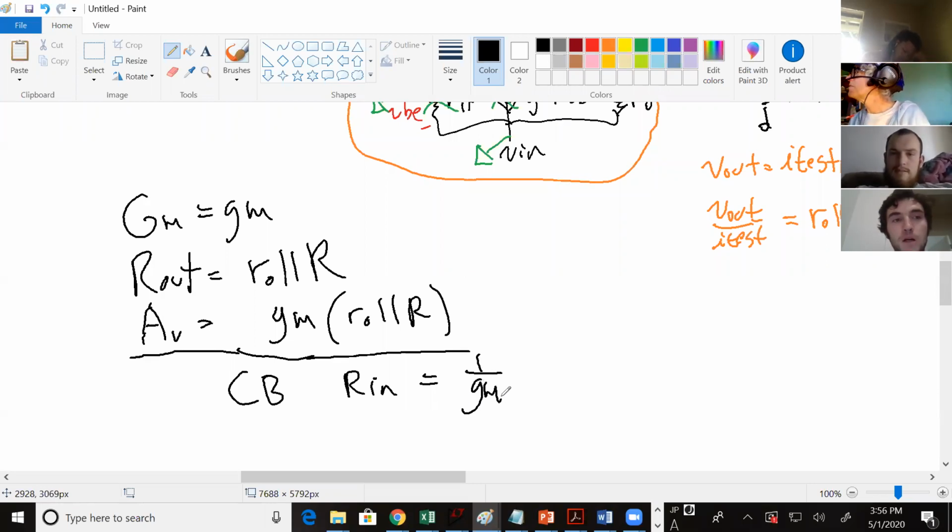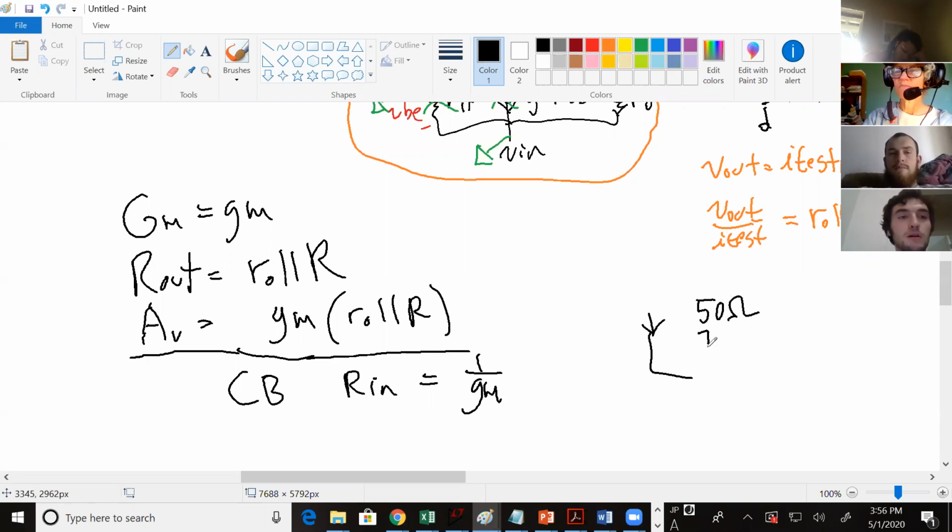For any of you that have worked with antennas, do you remember the impedance of antennas, like at the connector? There's usually two values you see. Sometimes you see a 50 ohm, sometimes you see a 75 ohm.